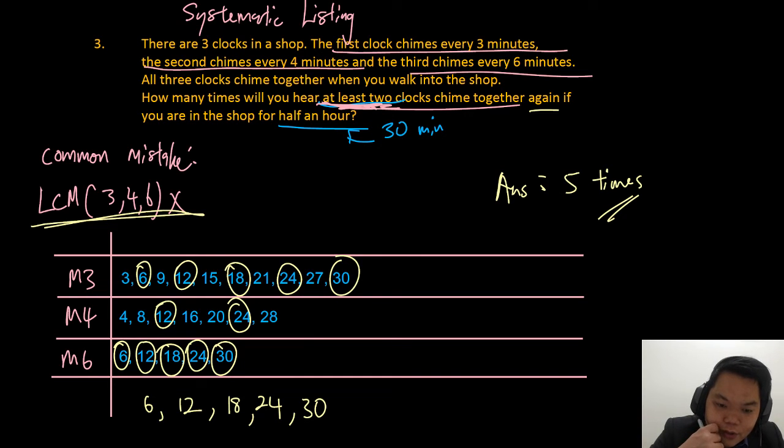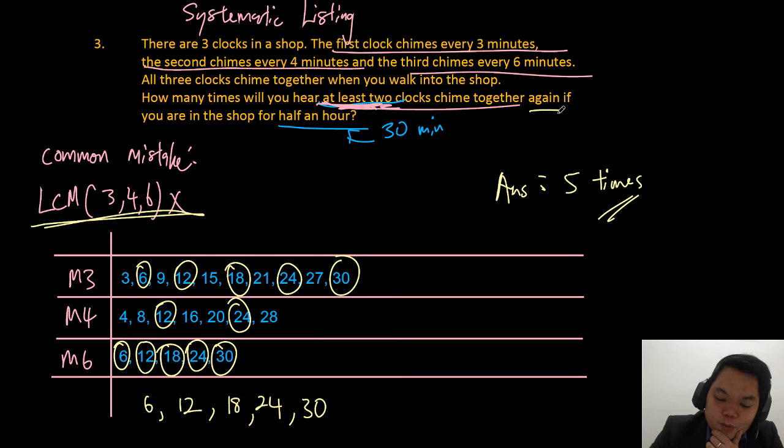Okay, Fiona Tan is asking a very good question. How about the statement, all 3 clocks chime together when you walk into the shop? No, the first one, it chimes at the 0th moment.